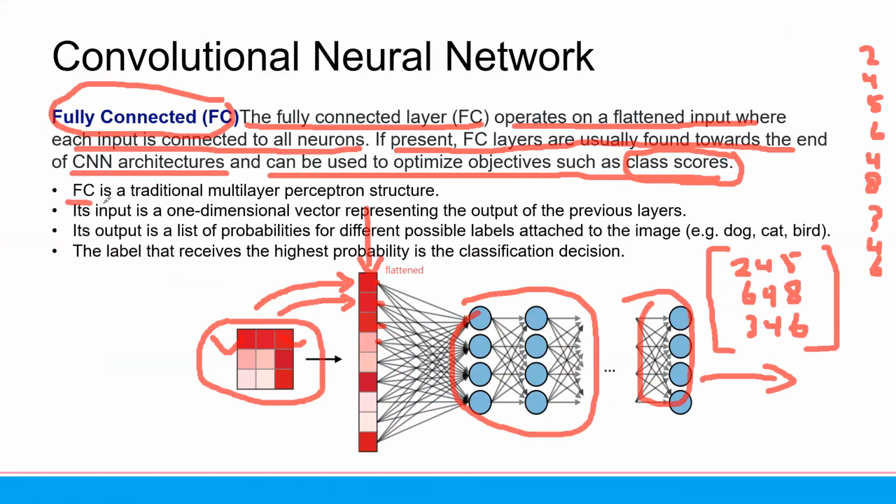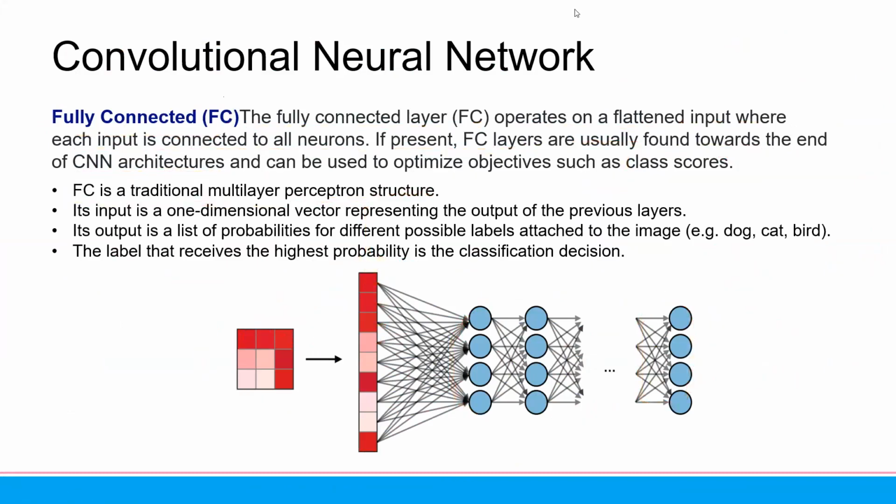The fully connected layer is the traditional multi-layer perceptron structure. So it means if you use a multi-layer perceptron, or a deep neural network, the FC, or fully connected layer, is the same as that one.